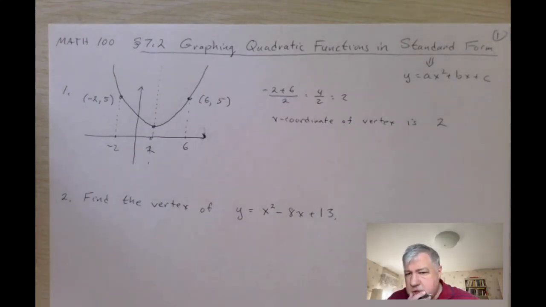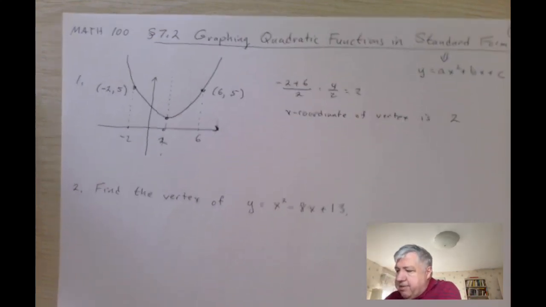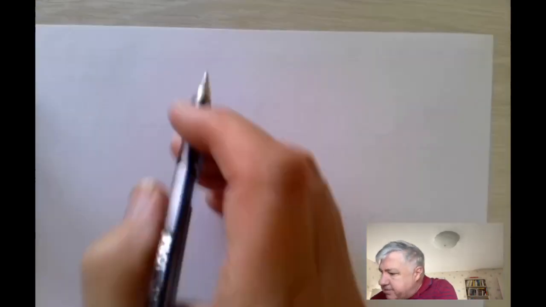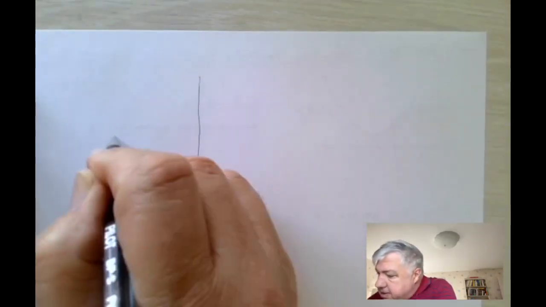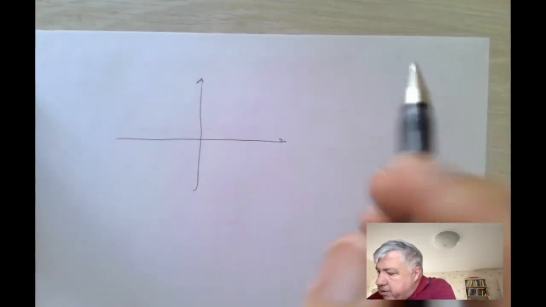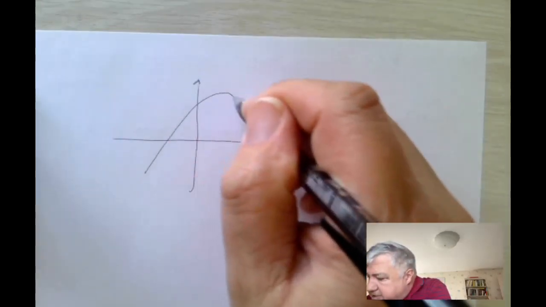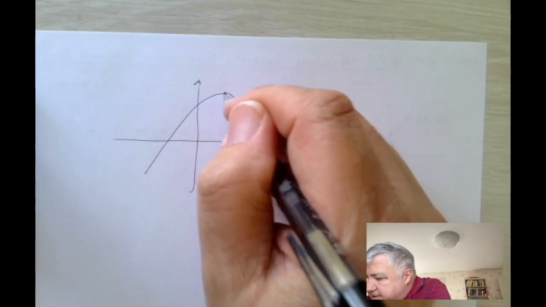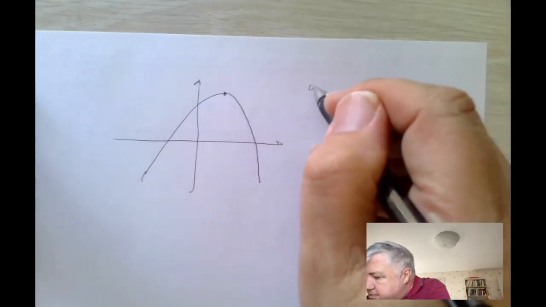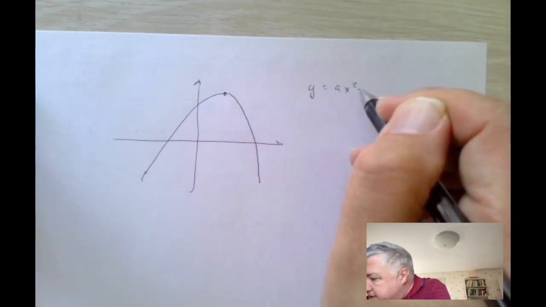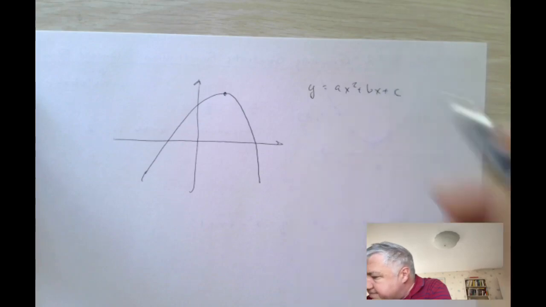All right. So let me go ahead and give you the idea behind this. Let's say we have a parabola. We'll say it opens down. Let's say this is y equals ax squared plus bx plus c.